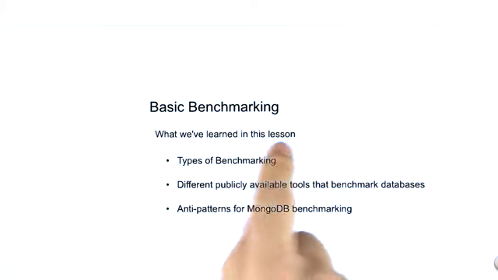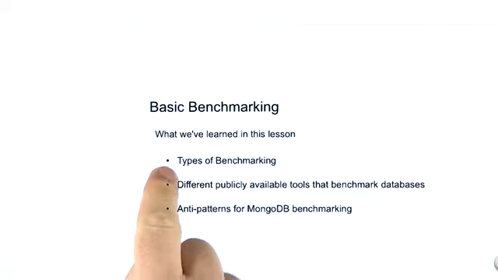Let's recap this lesson. In this lesson, we talked about the different types of benchmarking that you can do, either using publicly available datasets and tools or building your own. There are different types, like low level, high level, distributed, load, a bunch of different ones. You can even do your own specific benchmarking.